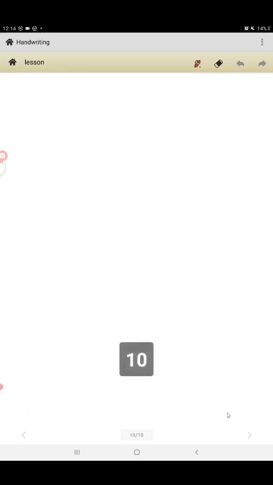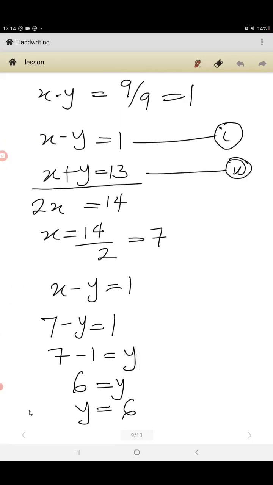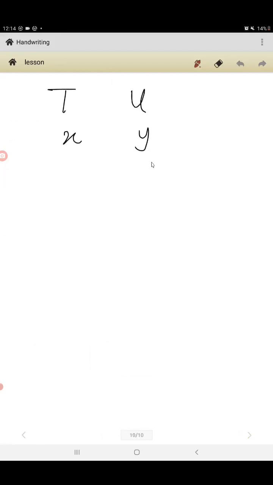Now, as I've said earlier, when we are still young, we talk about the tens and units. Because we have represented the y by units and x by tens. But the question says we are to find the original value. Our y is 6.